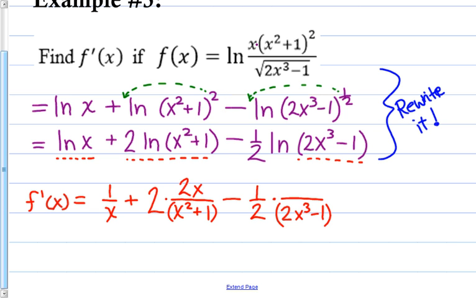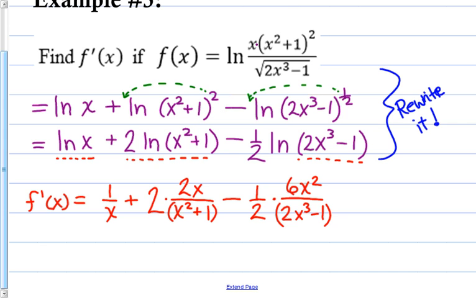On top is going to go the derivative of that. So that's 6x squared. And that's it. This is the derivative. No chain rule, product rule, quotient rule going on because we rewrote it first.